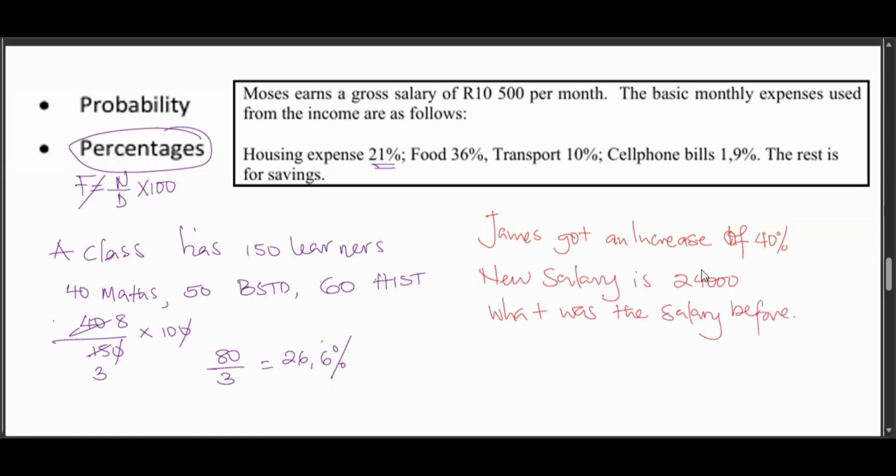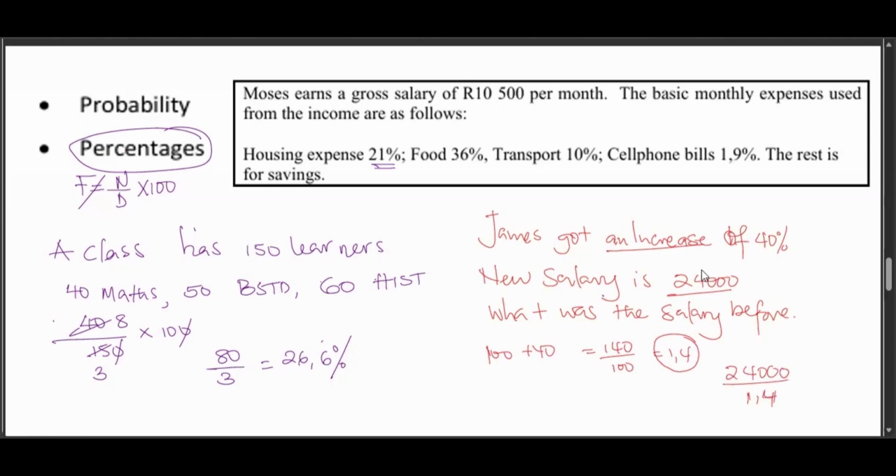Original amount, please. If they said an increase, meaning they took 100, they added 40%. The price was at 100%, then they added 40%, giving us 140%, which is 1,4. So now, if the new price is this much, what was the old one? Please just get the new price and divide it by 1,4.